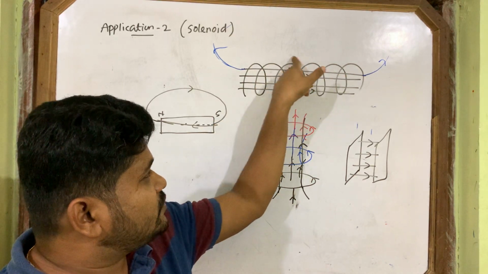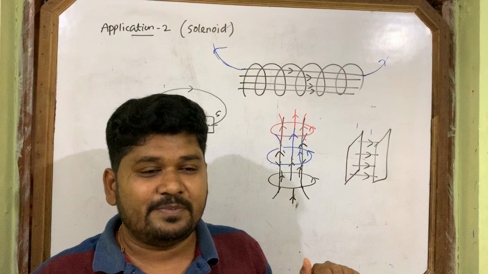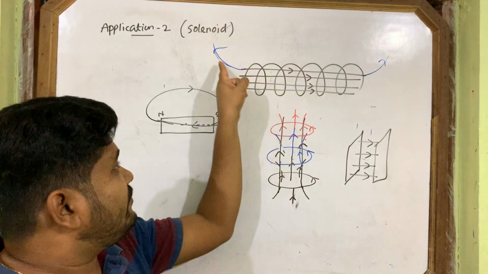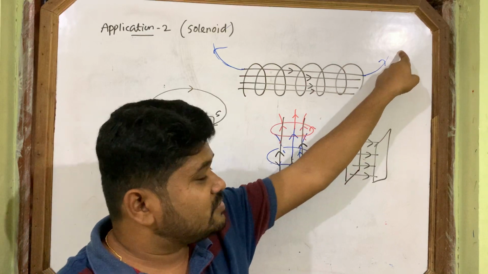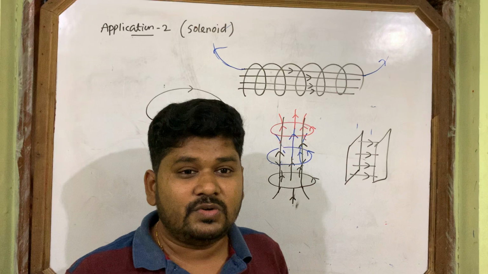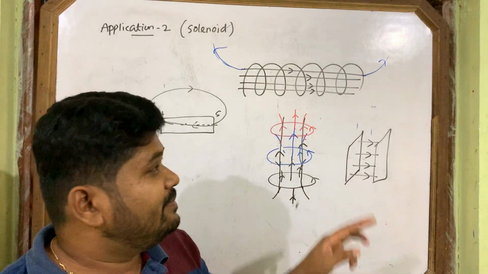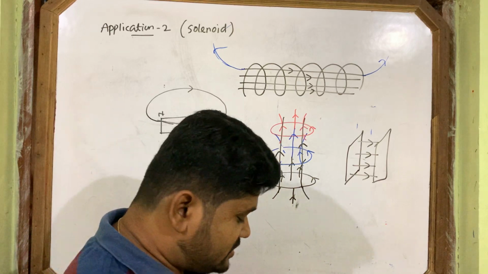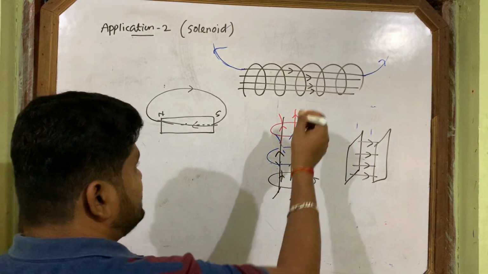But very close to the solenoid, no lines of force will pass just outside the solenoid here. It will form a closed loop, but it will bend, and just outside it no magnetic field will be here, no lines of force, so no magnetic field. So just outside the solenoid, the magnetic field is equal to 0.